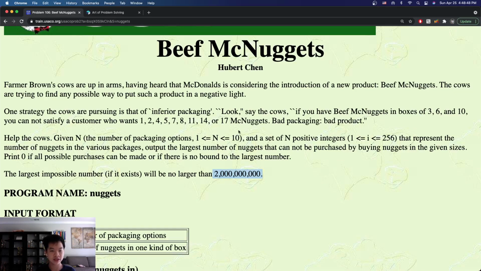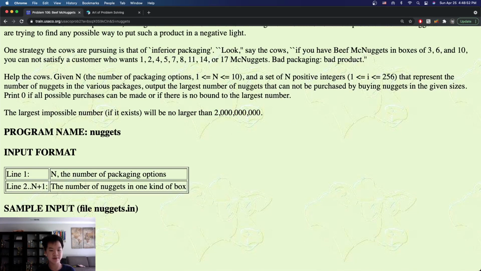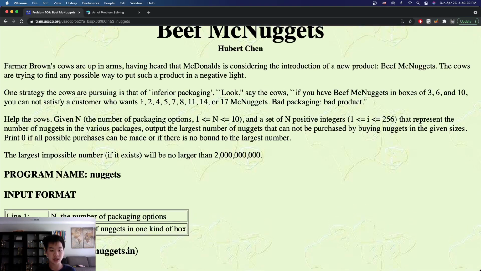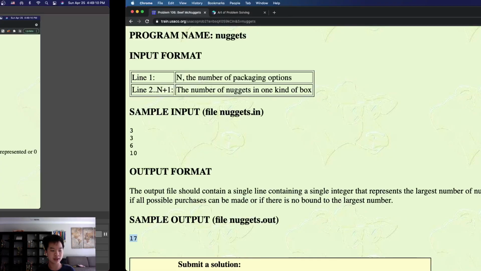So in this case, if we have 3 types of packaging options, 3, 6, and 10, these are the only amounts of McNuggets that we cannot provide, and the maximum would be 17. So we would just print out 17 on one line.